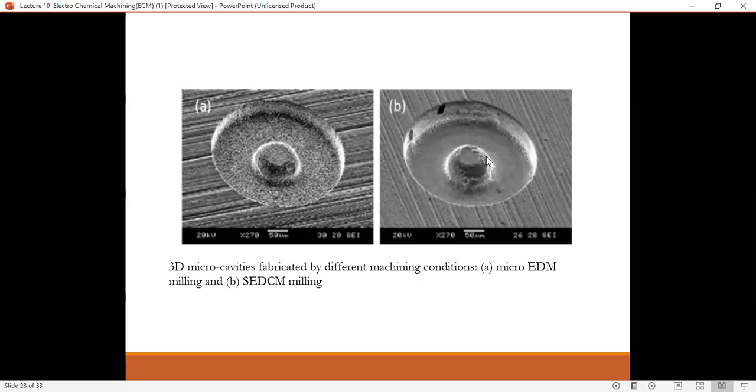If you look at the two, you can see the surface finish that can be achieved using the electrochemical machining process is much better compared to the EDM process.